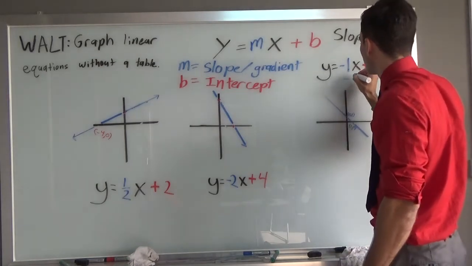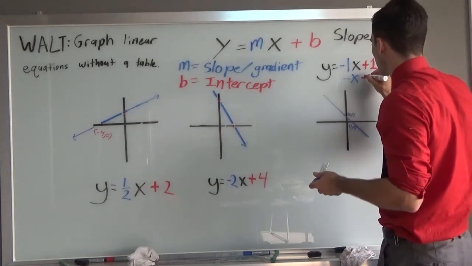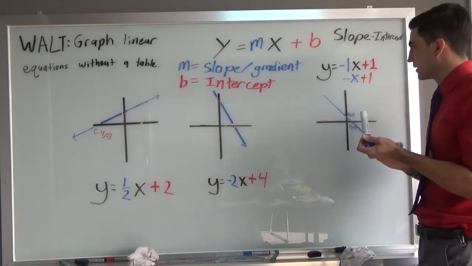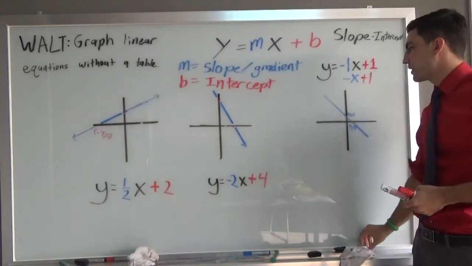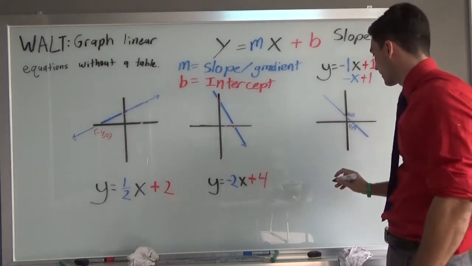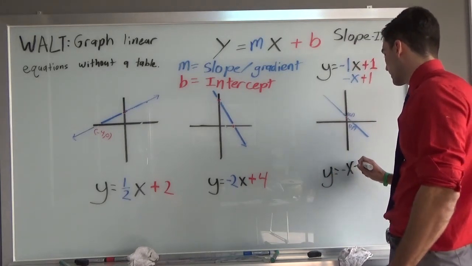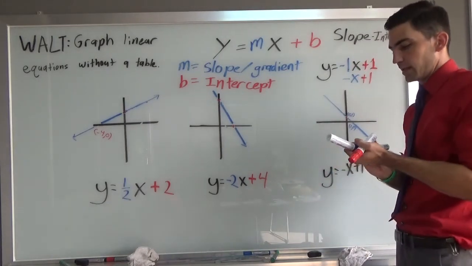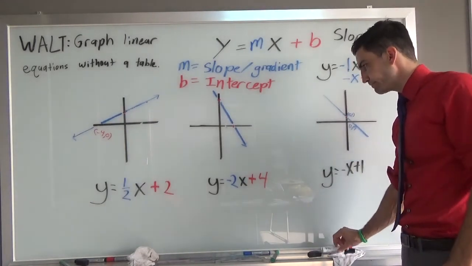We can just say this is negative x plus 1. Same thing. So I'll rewrite the final thing here. y equals negative x plus 1. That is the best way to write that equation.